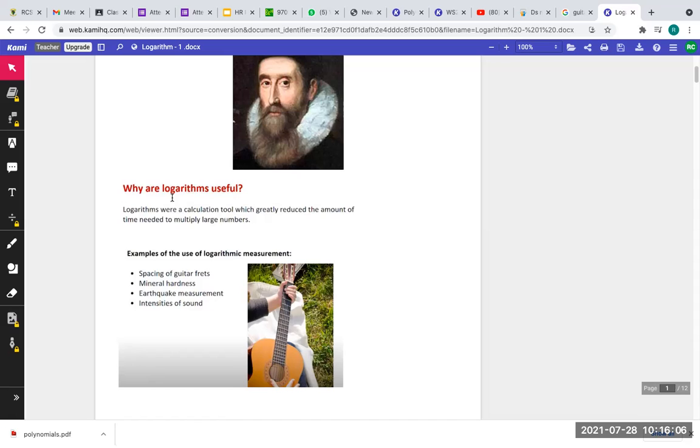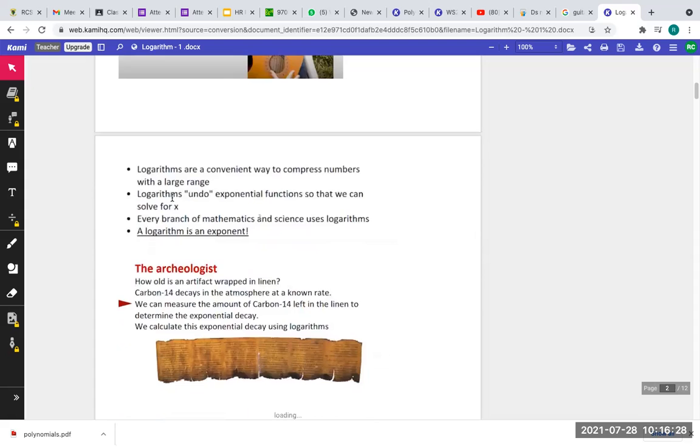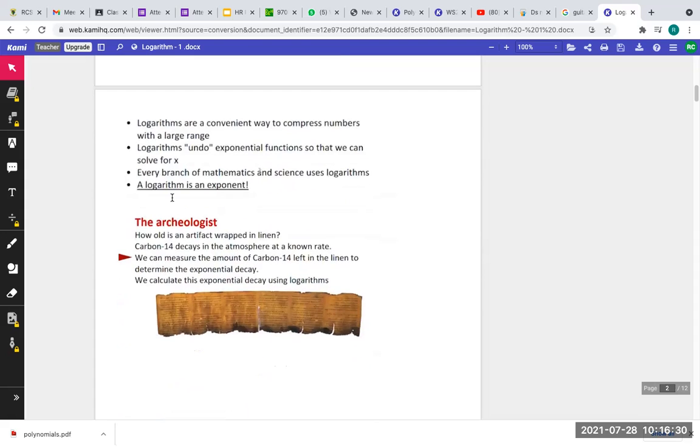If you want to measure the hardness of a mineral, that will be in logarithmic measurement. Apart from that, earthquake measurement and intensities of sound are all measured in the logarithmic way. So literally everywhere, you can find one or another importance of logarithm.